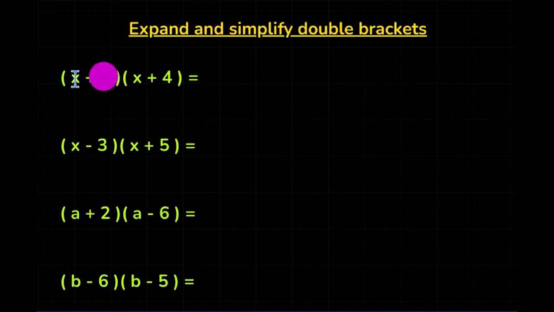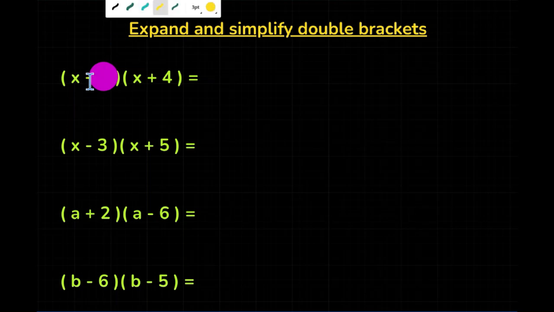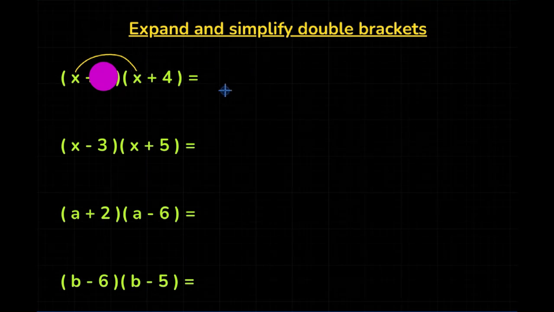Okay, so I'm left with just the x, and I'm going to multiply the x by the first x in the second bracket. So we get x squared, because x times x is x squared. We're going to stay with the x, and we're going to multiply it by the 4. So we get plus 4x.